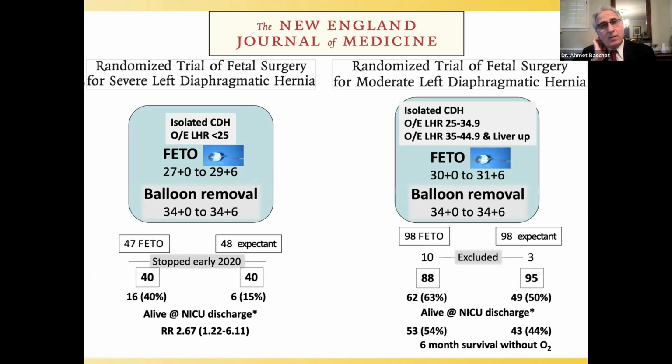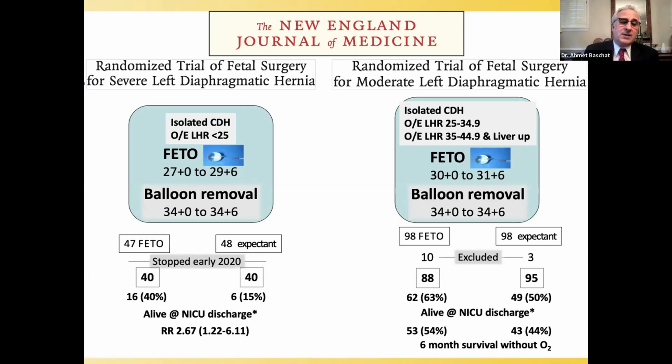And that's primarily because there are some risks of preterm birth, where some babies suffer from being born too early after these procedures, but for babies with severe hernia, this showed a benefit. This was published in May of last year and received a lot of attention.